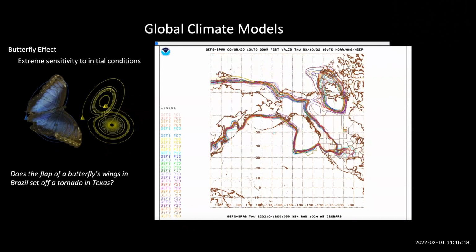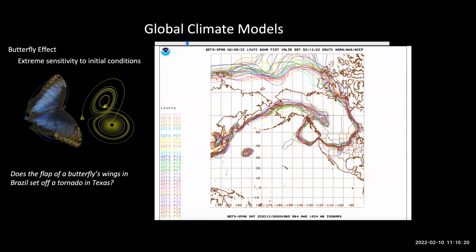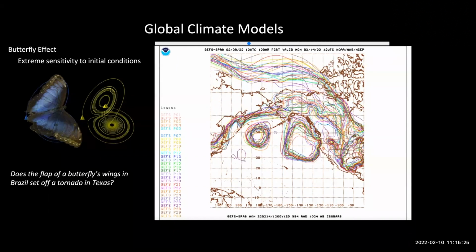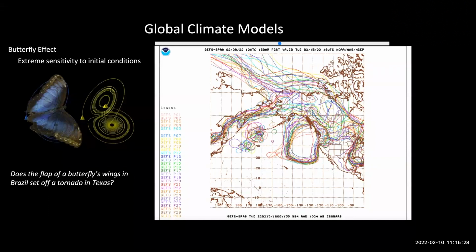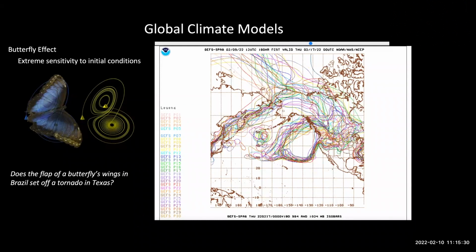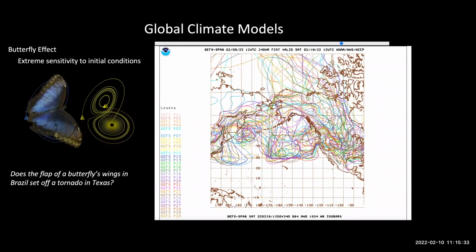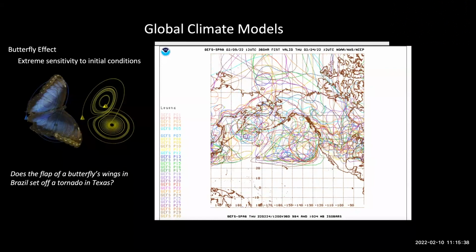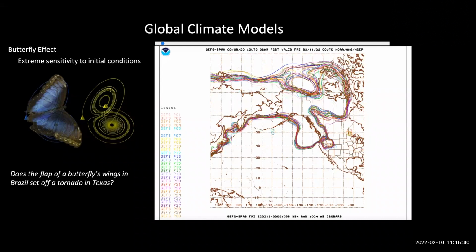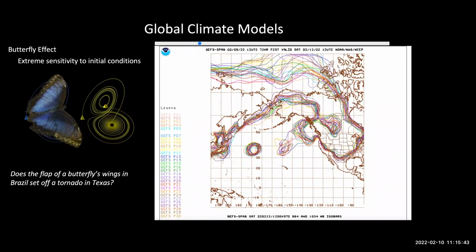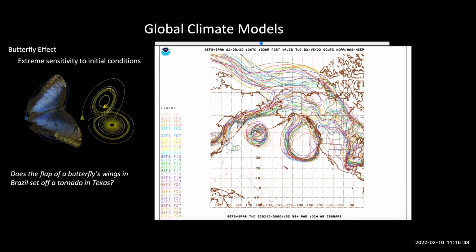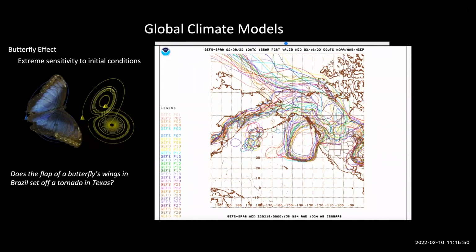So why do they disagree with each other? What's really interesting about this is that the only difference between these models at the beginning is tiny, tiny, tiny perturbations, changes in temperature in various parts of their initial conditions. And so what this is saying is that infinitesimal tiny changes in temperature cause wildly different weather after about 16 days.